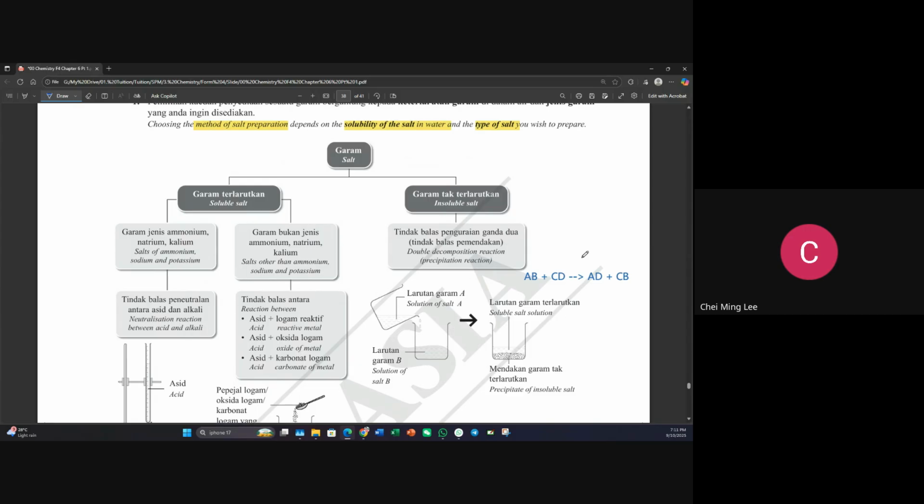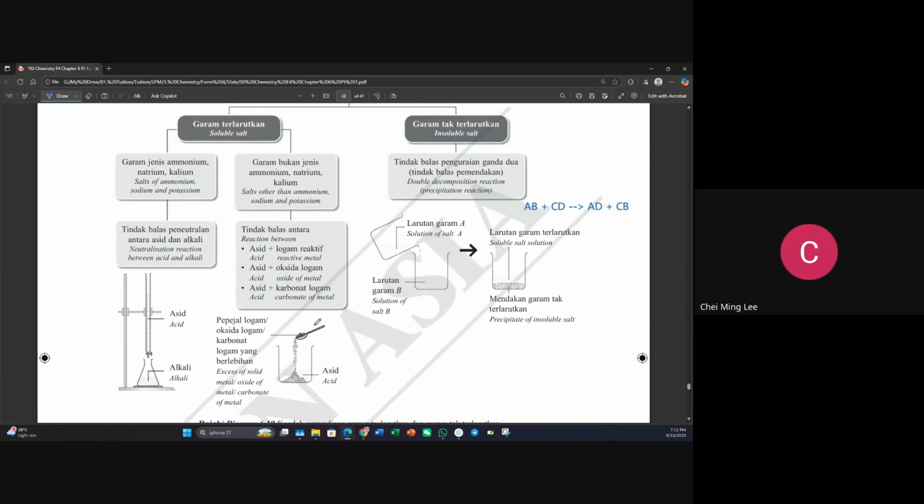You jot this down first, together with this drawing. Later I will scroll down a bit. You draw like this.